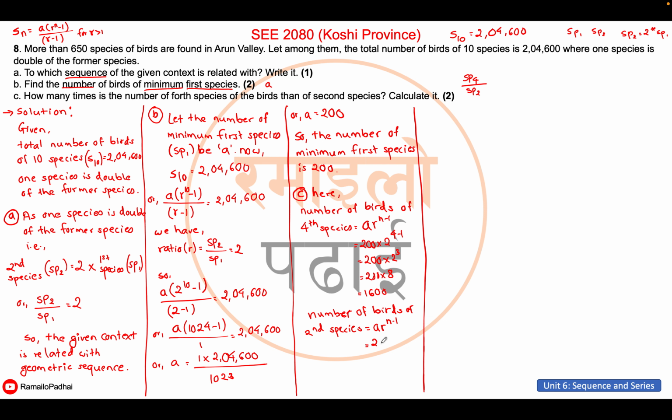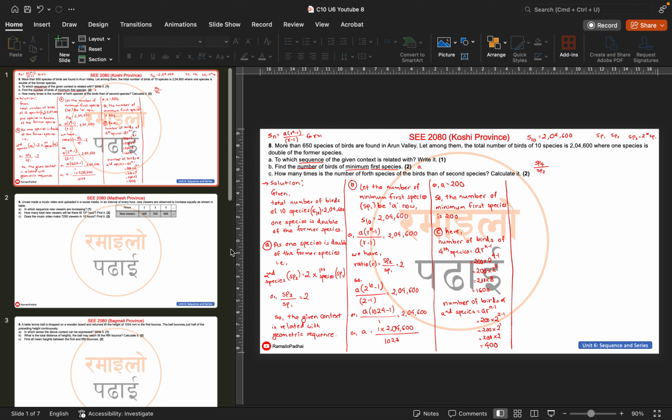We have a equal to 200, r equal to 2, n equal to 2 minus 1, which is equal to 200 times 2 to the power 1, which is equal to 200 times 2, which is equal to 400. Let me just save this and write it smoothly. The laptop is getting hung.